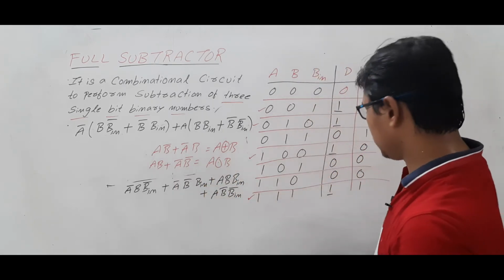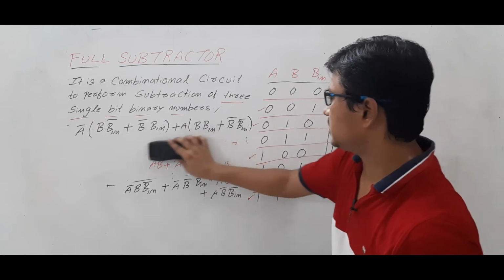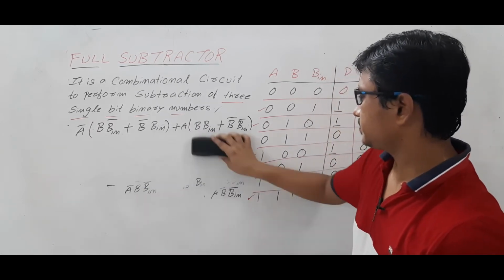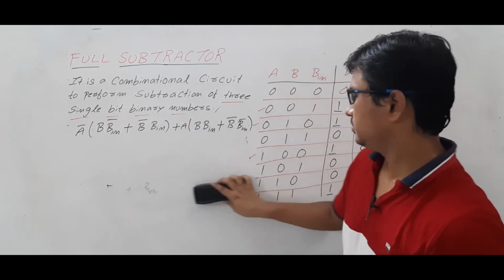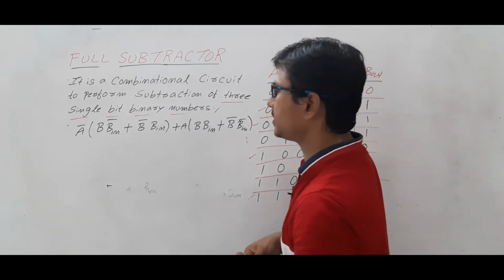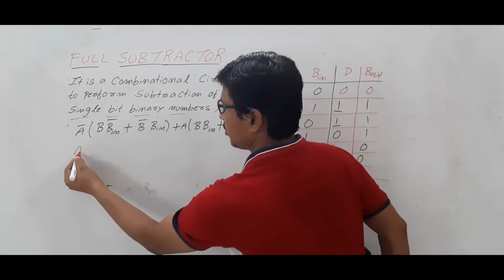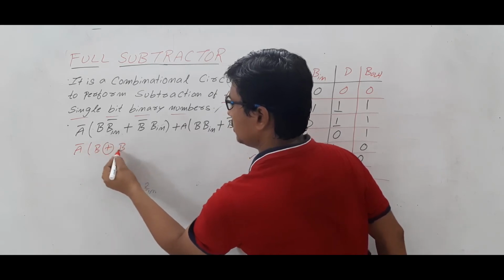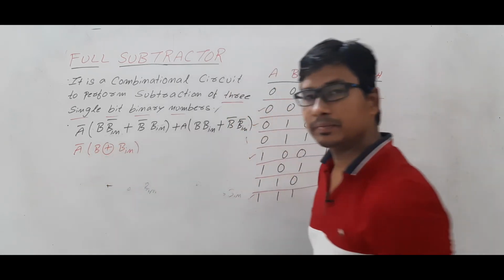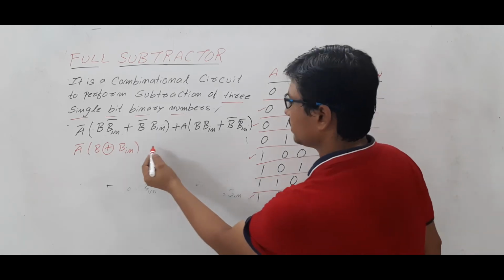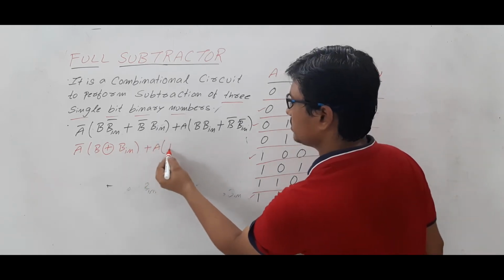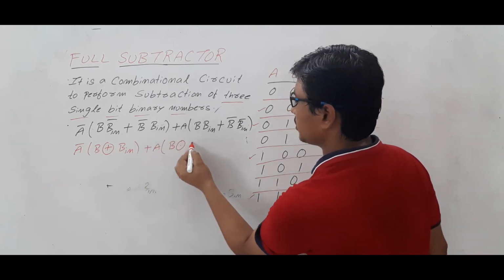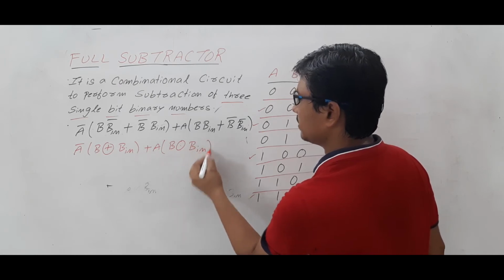Am I right or wrong? So I can represent this one as A complement, B exclusive OR borrow in. Okay, then A, this is B exclusive NOR borrow in.